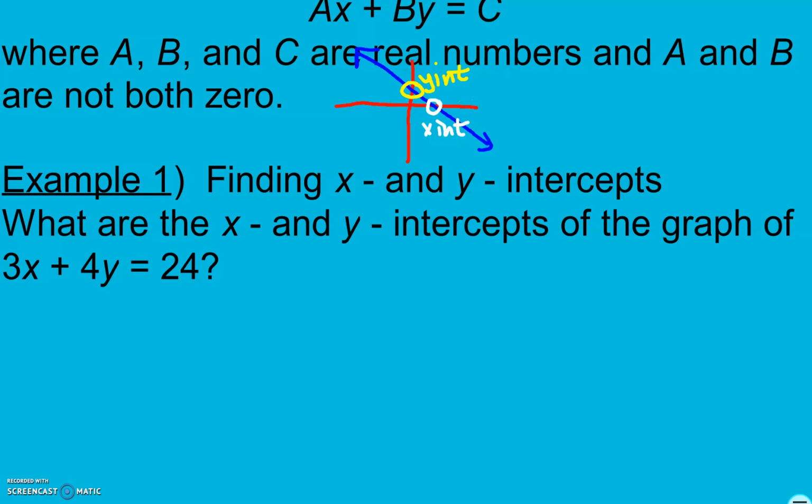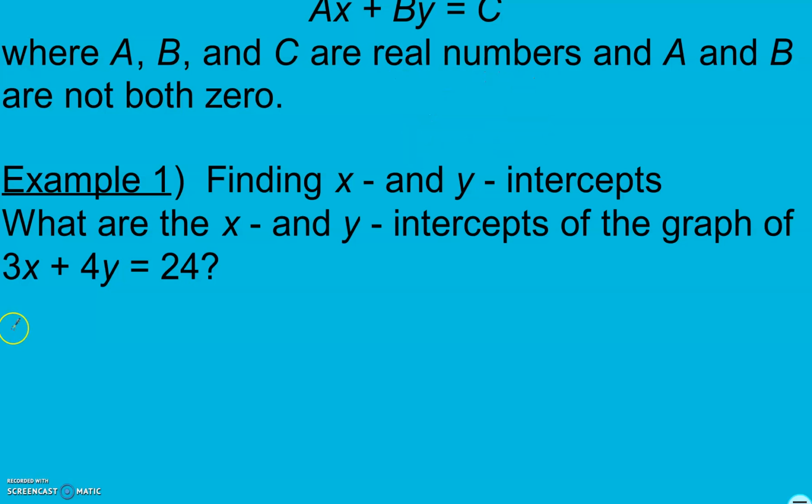For a y-intercept, my x value is always going to be 0. For an x-intercept, my y value is always going to be 0. It's where it crosses our x-axis, and there we haven't gone up or down at all, so our y value is 0. And we can use that idea here to find x and y intercepts.